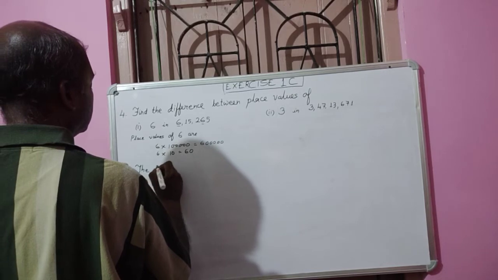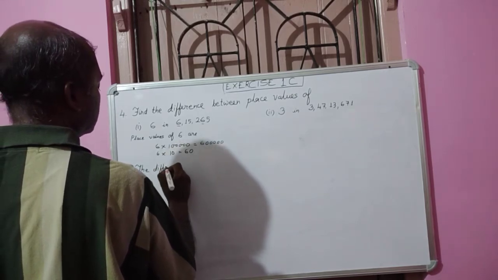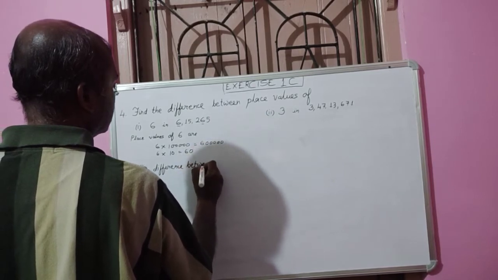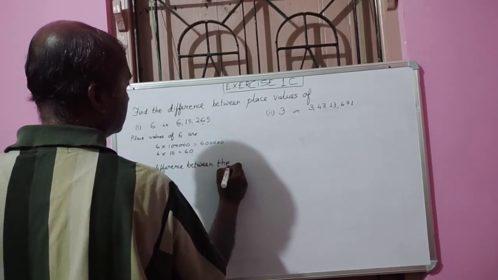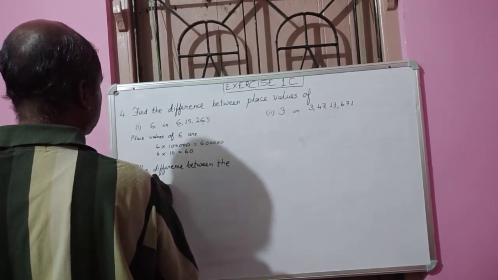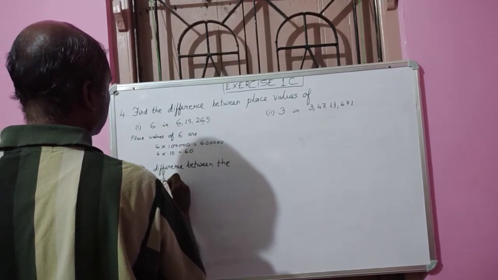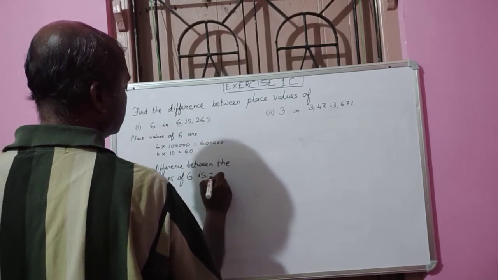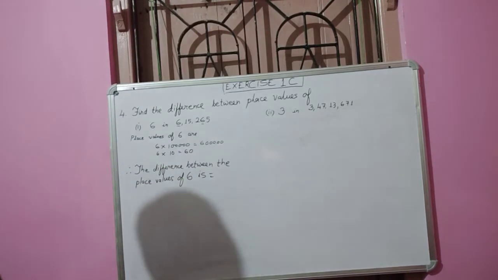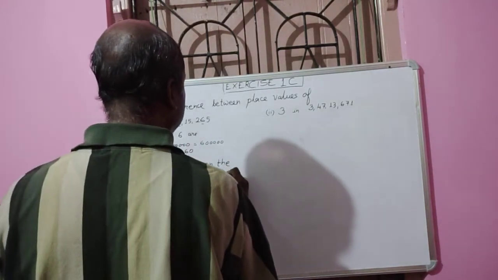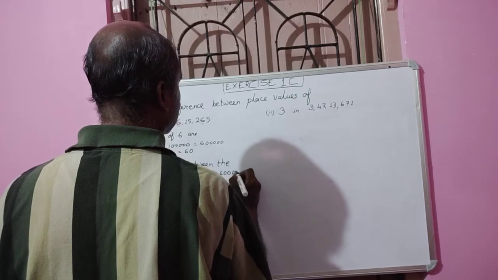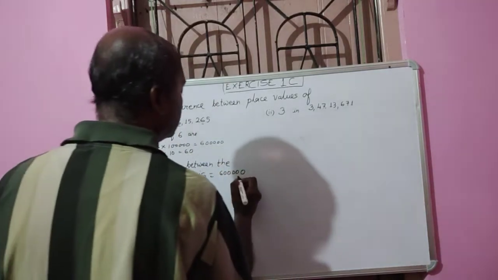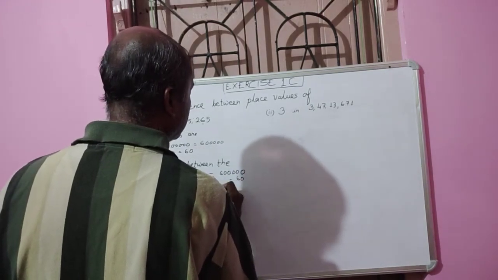So the difference between the place values of 6 is, let us find now. Place value of 6 in this particular position was 6 lakh. Place value of 6 in this particular position was 60. So we have to do minus.